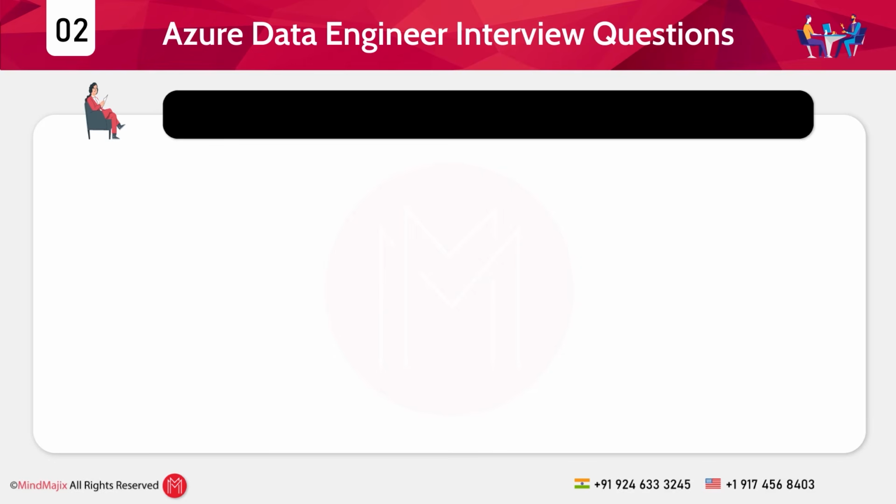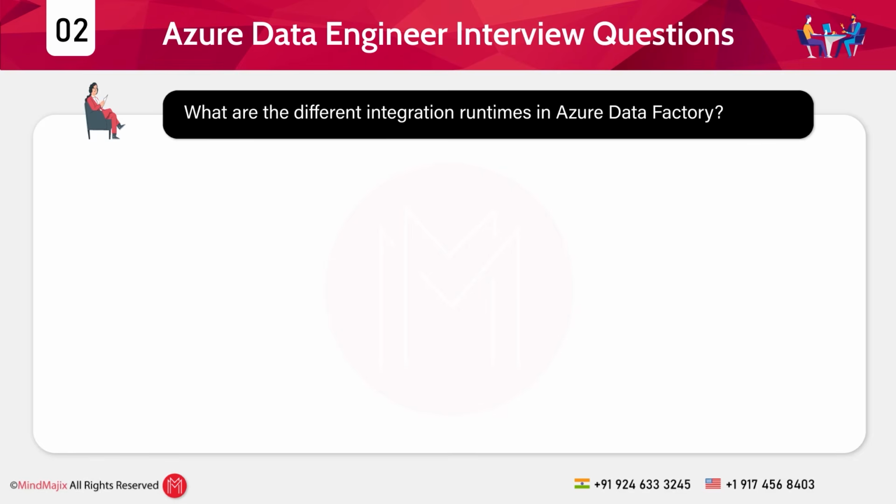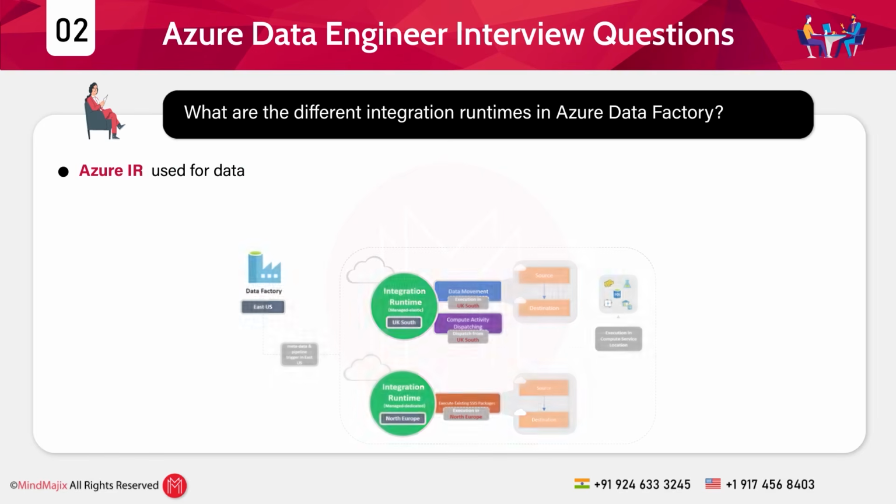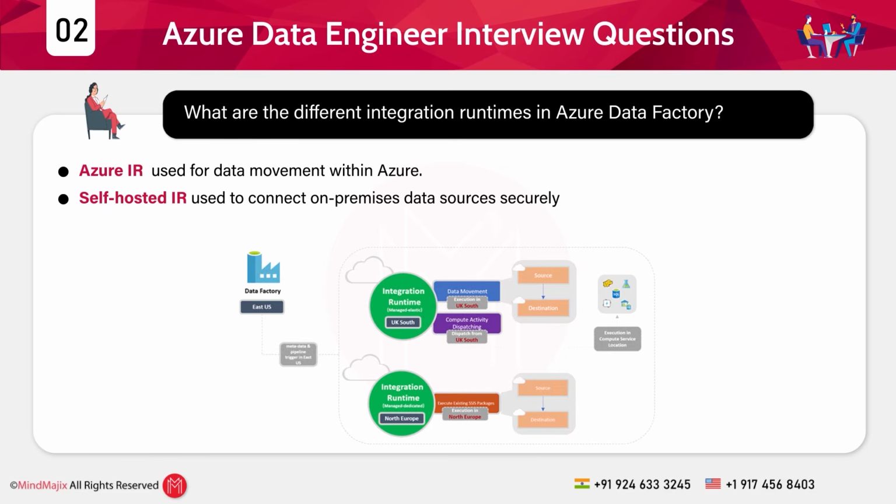The next question is, what are the different types of integration runtimes in Azure Data Factory? So guys, there are basically three types of integration runtimes or IR in Azure Data Factory. And as you can see on the screen, they are Azure IR, self-hosted IR, and Azure SSIS IR. If we talk about Azure IR, this is used for data movement within the Azure infrastructure.